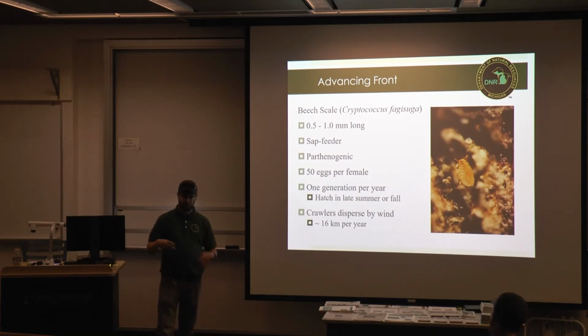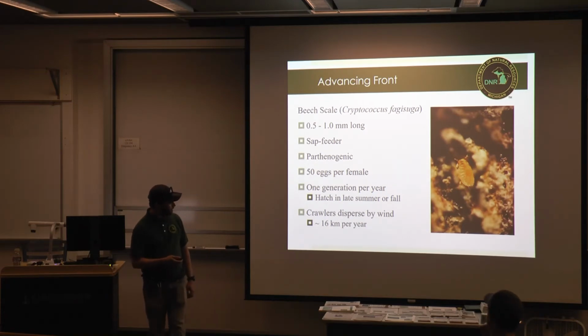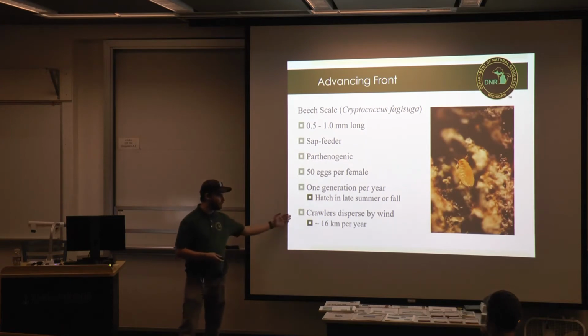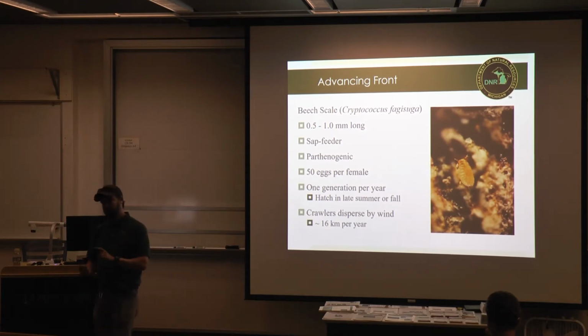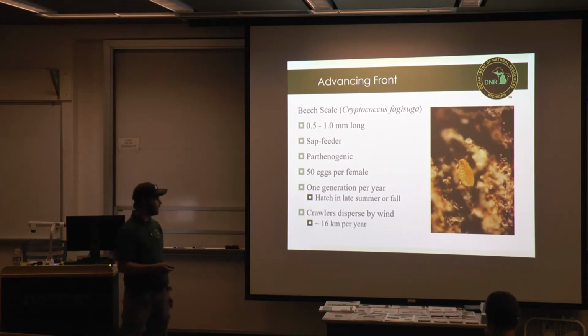So they do grow and the population really fast. And their main dispersal is through wind, but like HWA, they can use mammals, they can use birds, they can use humans. So there are a lot of ways that this crawler can get around.